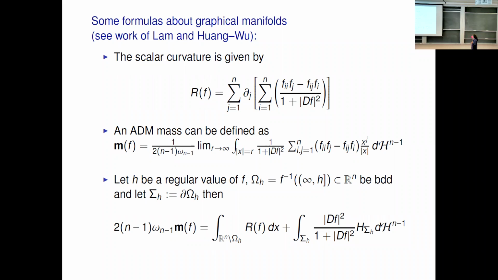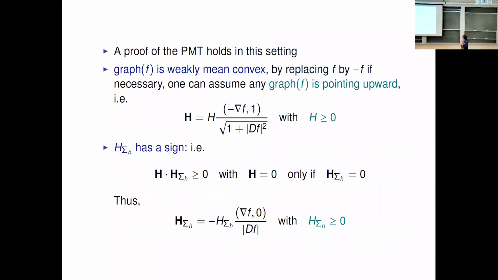And here we have a very nice quantity that actually is positive, because this h, the mean curvature of sigma, is going to be positive. Okay, and let me continue. This is just to show you how nice the graphical case is.